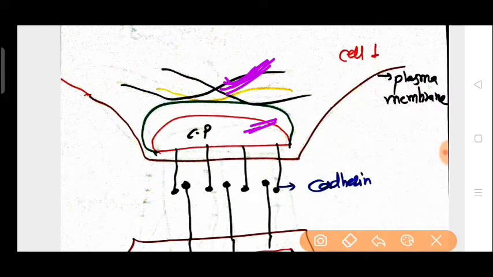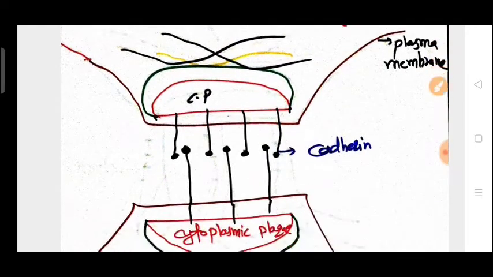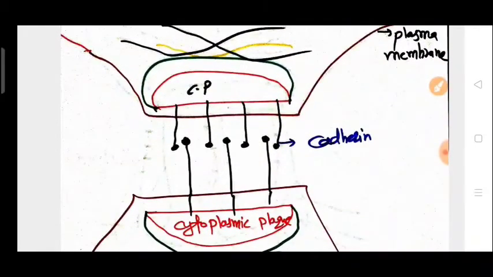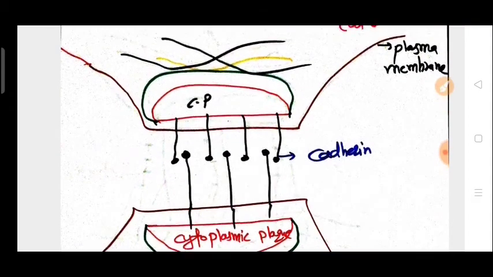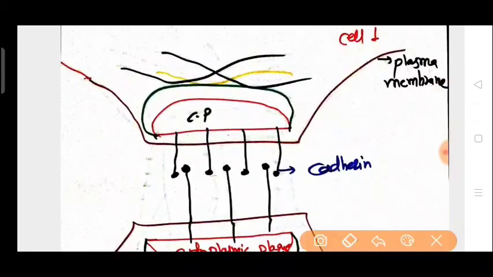Now what is the function of the cytoplasmic plaque? It is responsible for connecting the cytoskeleton to the transmembrane linker protein of the cadherin family. So it is a kind of supporter or mediator between your intracellular filaments and the cadherin protein.